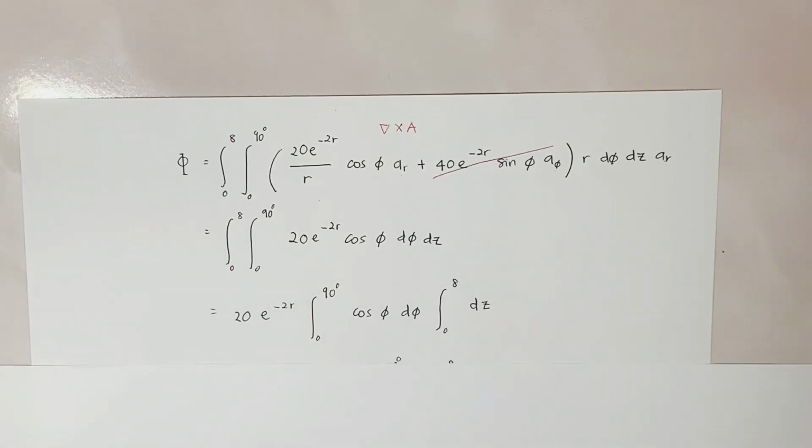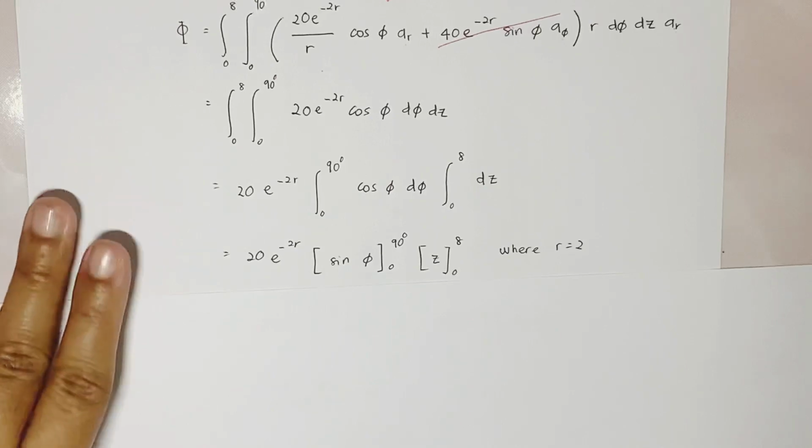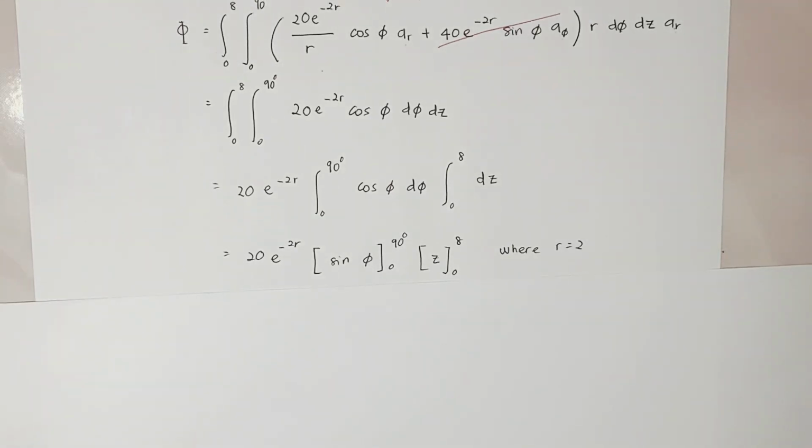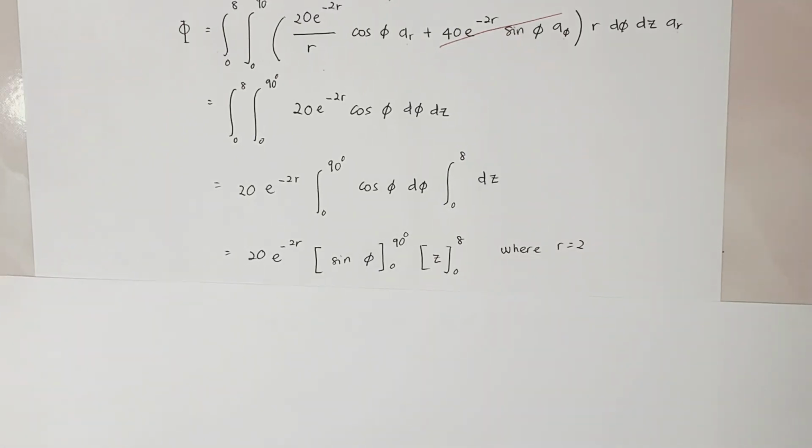Okay, and then solve the integration part. After you solve the integration part, you can substitute the value of R equal to 2, since the question gives you the radius of the surface as R equal to 2.